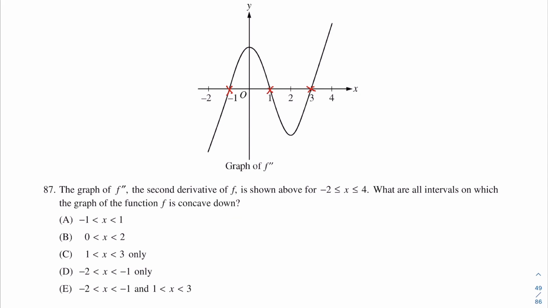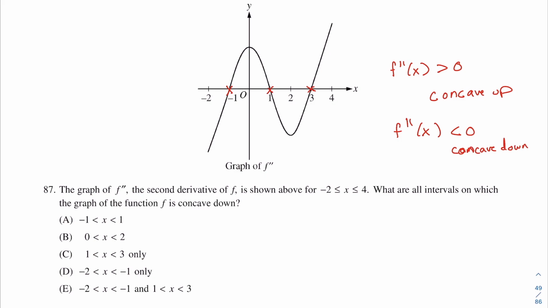And it just so happens that between those points of inflection, when f double prime of x is greater than 0, we know that it is concave up, and when f double prime of x is less than 0, it is concave down.